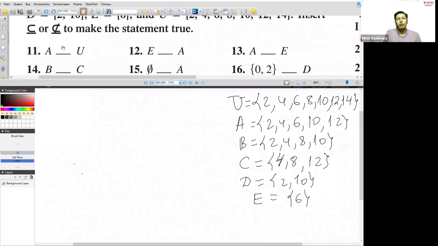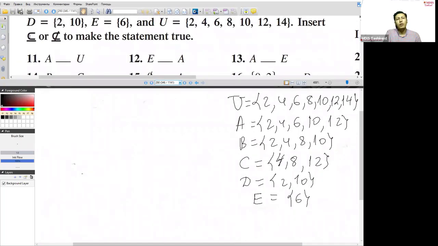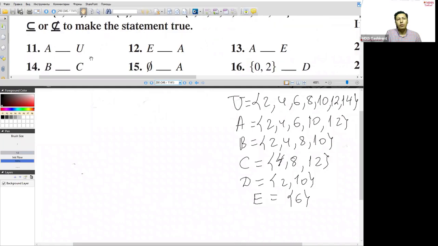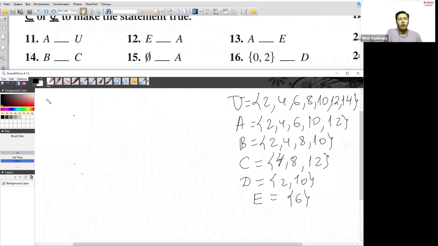Okay, number 11. So we have to put what? Subset or not subset, these two signs, to make the statement true. So number 11. A subset of U. Is it true? So we compare the elements of A. We have 2 here.